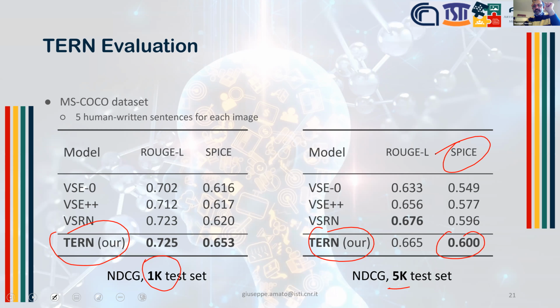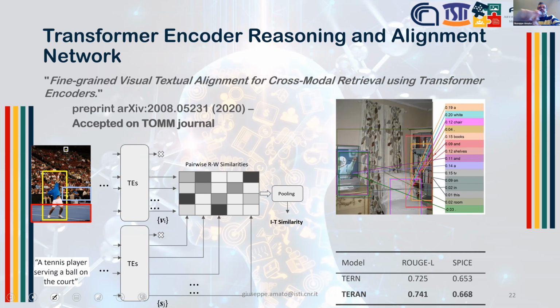So, in order to further improve, we modified the basic transformer encoder that I showed you before by adding an additional step at the end. So those were the two transformer encoders which are shared between text and visual part. What we do is to take the features extracted from the text and the features extracted from the image and compute a matrix having the pairwise similarity between regions and text.